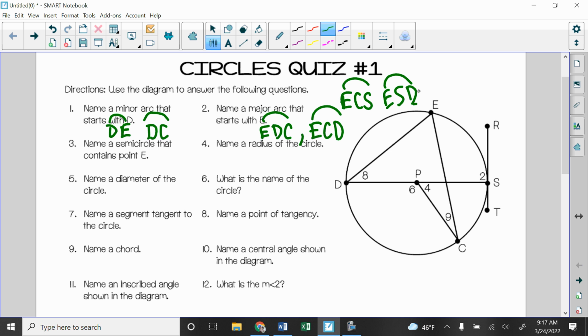Okay, name a semicircle that contains point E. So semicircles are exactly 180. How many letters do you use? 3. So what are your choices? DES. You could also have the reverse, SED. Again, if anything's wrong, just star it in your other color.